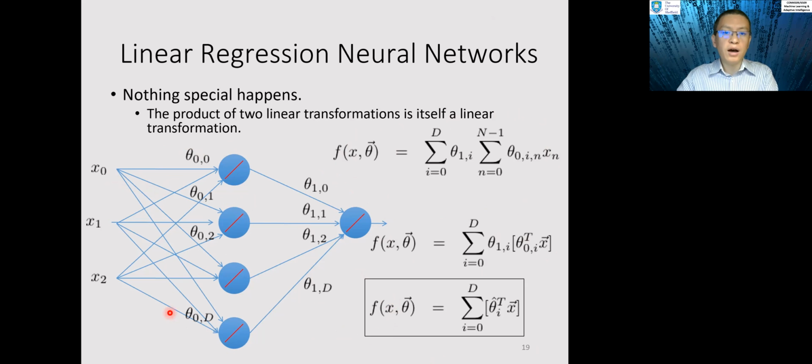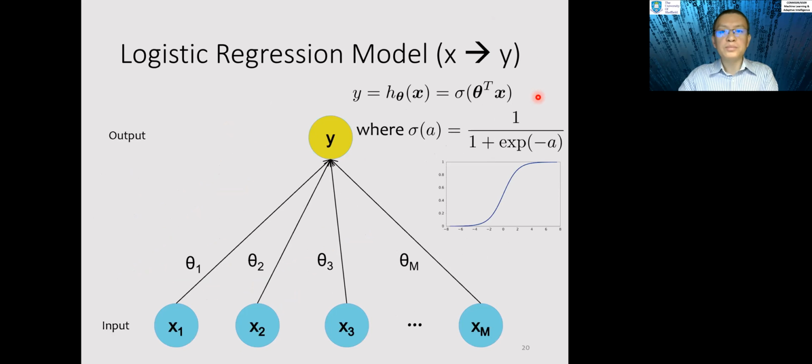No matter how many layers you put in between, effectively there's only one linear transformation from the input to the output. So effectively, there's only one layer and one transformation, no matter how many linear layers you put in between. Therefore, we have to use some kind of nonlinear transformation.